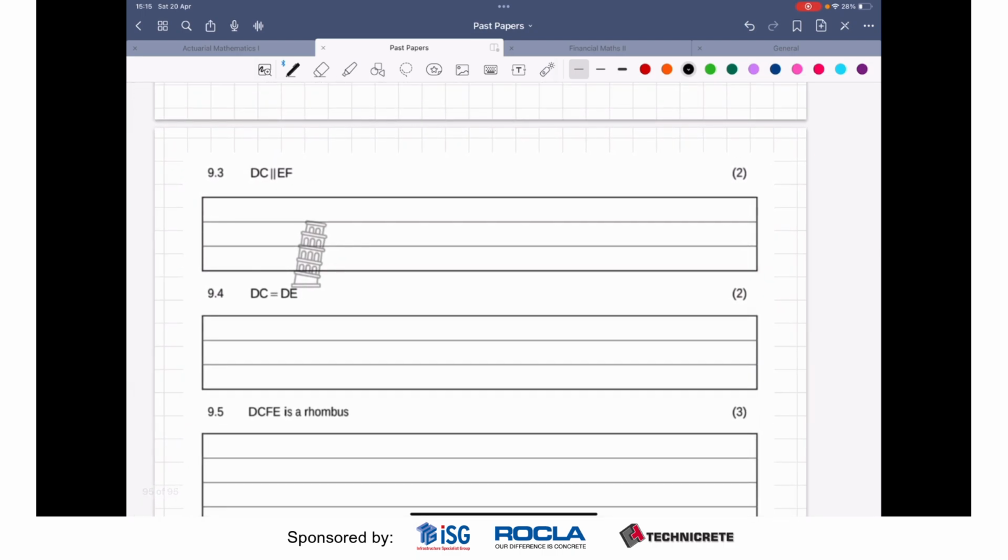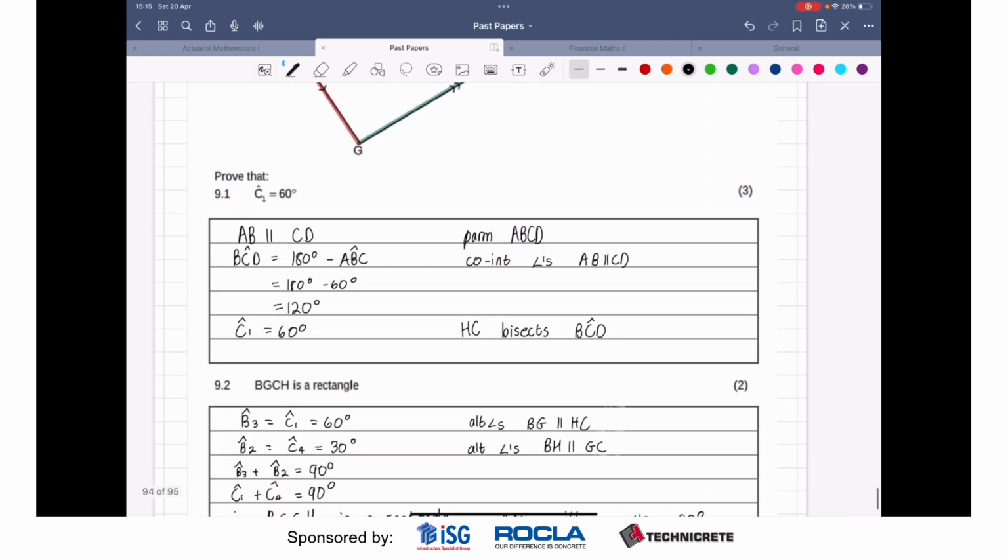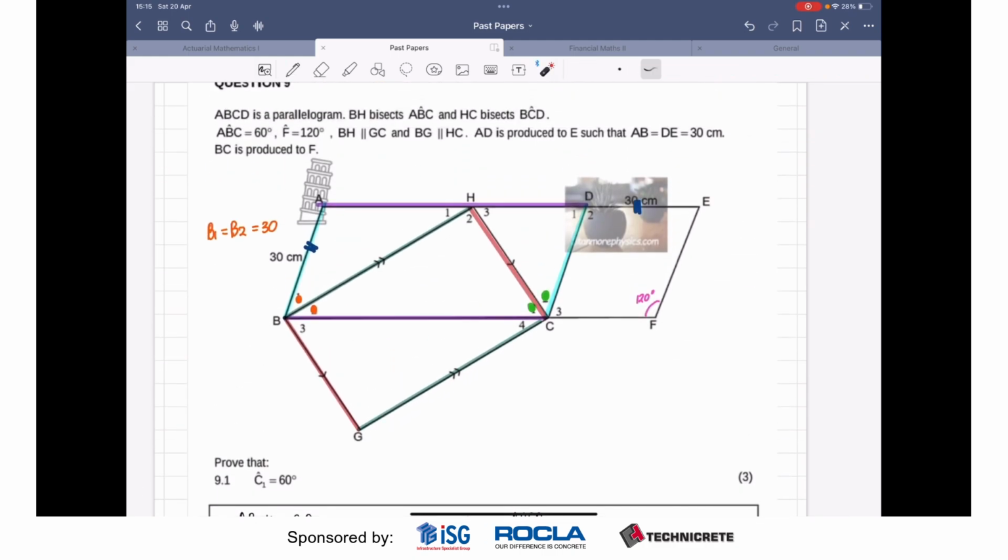Then we want to prove that DC is parallel to EF. So that's these two, the DC and EF. So we were told in the question that F is 120 degrees. And I know this angle for C1 is 60 and this one is also 60.